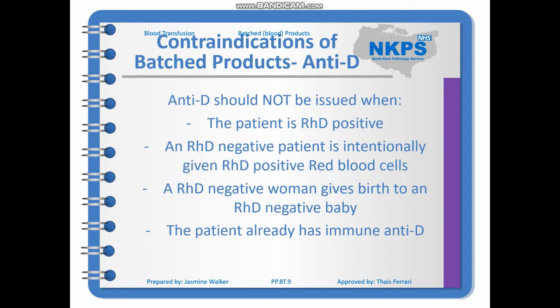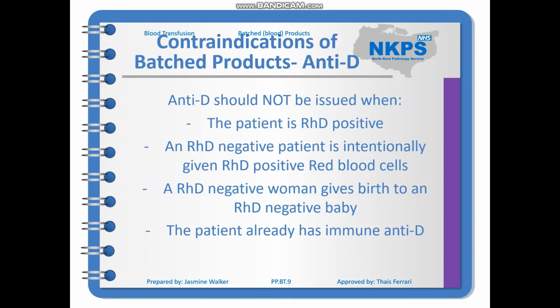When you're giving prophylactic anti-D, the first thing is a dose of 1,500 international units will only cover a bleed size of 12 mils. Red blood cells have about 250 mils in them, if not more.